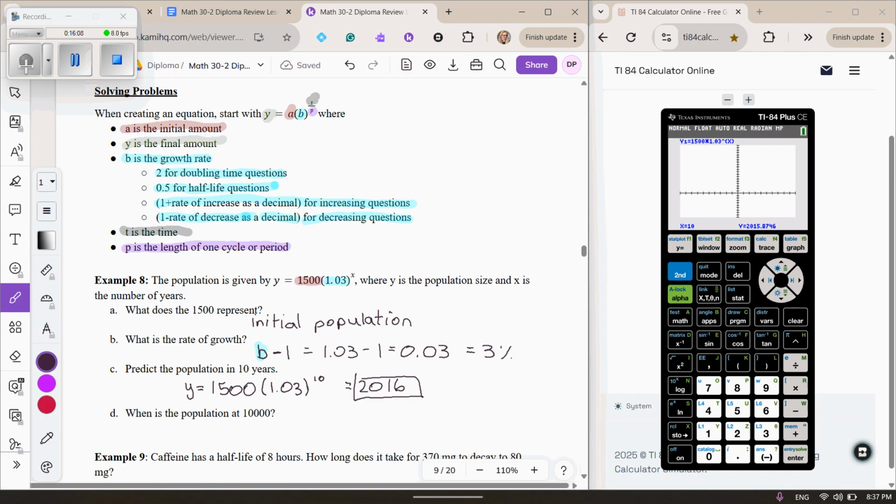Okay, for the last one here, what is the population at 10,000? So now that 10,000 is a y value. So most commonly, the way that you have done this in the past is to put in 10,000 in, oops, I didn't mean to delete that, 10,000 in your y editor, and then you could also put in the original equation, which I just deleted.